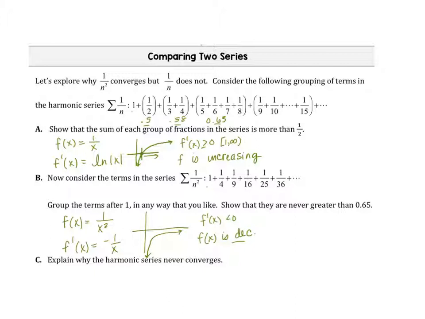So here, why does the harmonic series never converge? Well, we could go through and pull out a bunch of different values and look at them, or we can simply see that for the harmonic series, after you hit a certain value, the function is always going to be increasing.